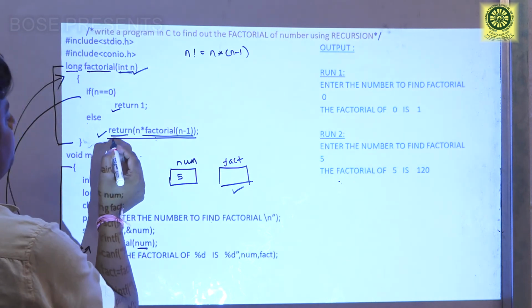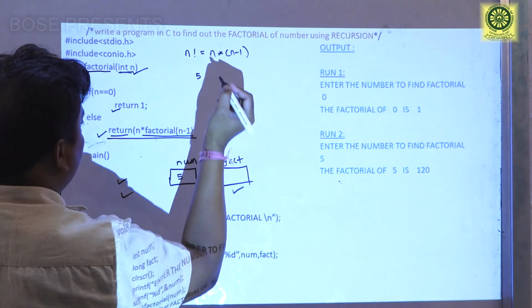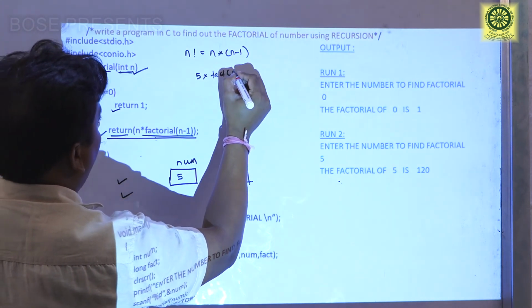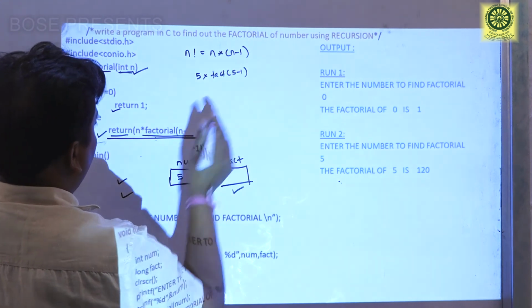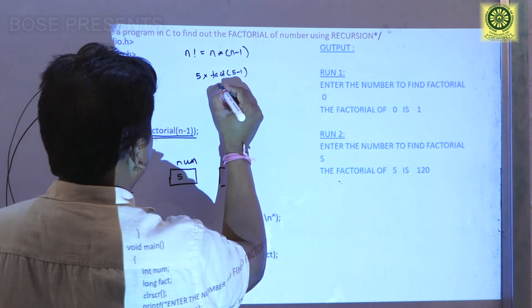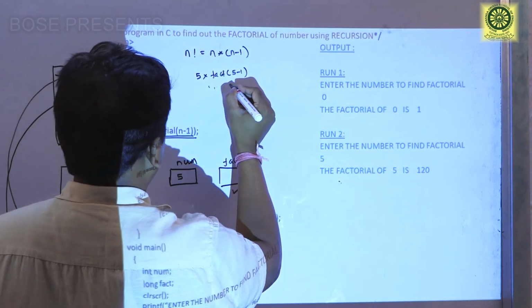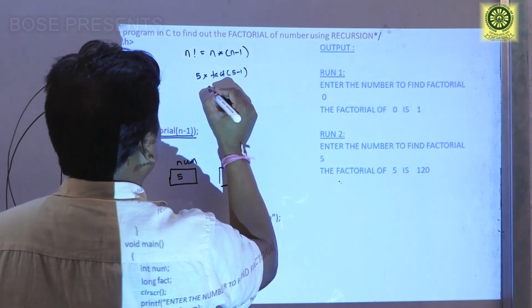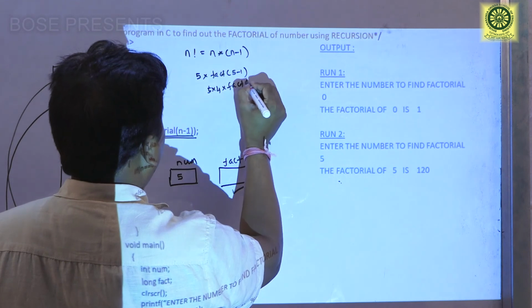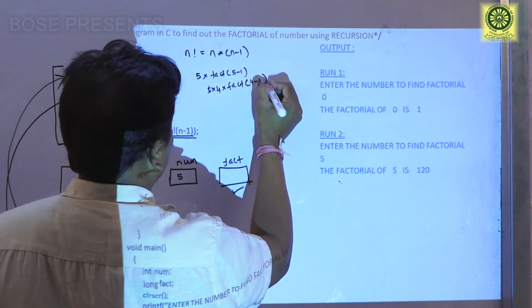As we know, it will return 5 into fact of 5 minus 1, and for this fact of 4, that means 5 into 4 into fact of 4 minus 1.